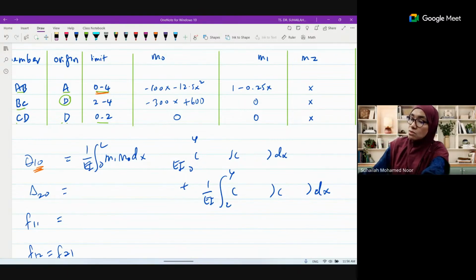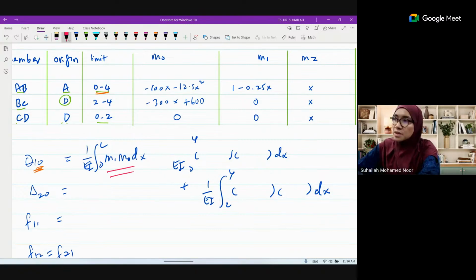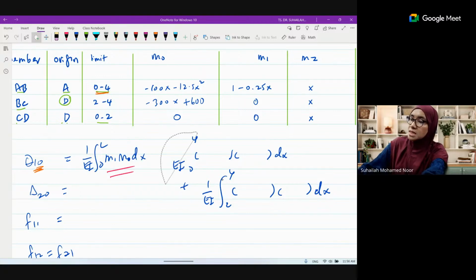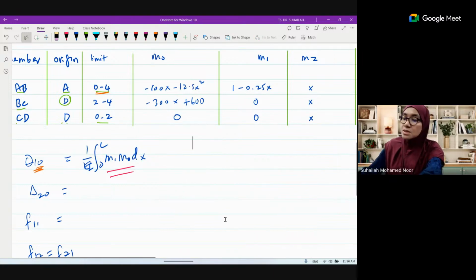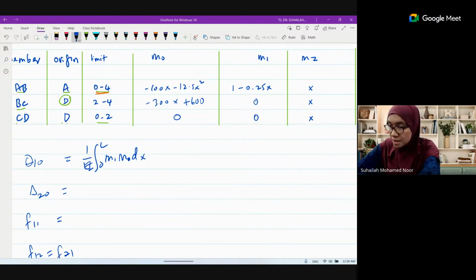Tapi kalau you still nak tulis equation tak apa. You tulis equation or tak tulis equation tidak menolak markah apa-apa pun. As long as you boleh bagi the right displacement value. Okay, so yang ni semua tak nak. Yang ni kita tak nak tulis. Kita tak nak buang masa, you don't have enough time dalam exam. Kita tak nak tulis. Okay, kalau you nak tulis formula tak apalah, boleh tulis formula kalau you nak tulis. Kalau tak nak tulis formula pun okay, sebab kita refer pada label ni dah cukup.